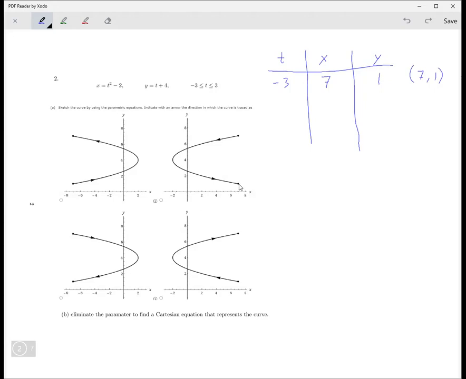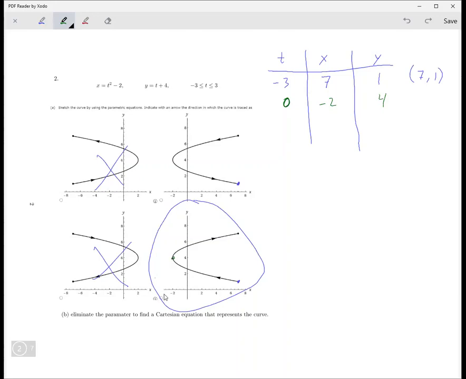Okay, so here's 7, 1. This one is out, and here's 7, 1 also. And 7, 1 is not on that one, so that's out. And again, it should be the starting point, so this should be this one right here. Okay, and then we can do other points just to double check. So this is going to be negative 2, 4.